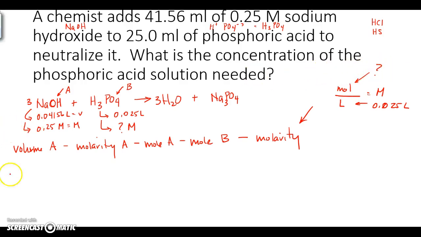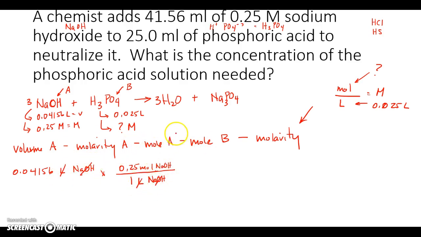I start with the volume that I have, 0.04156 liters of NaOH. Again, I'm going to write my moles written out. I have 0.25 moles of NaOH over 1 liter of NaOH. So that allows me to cancel these out.